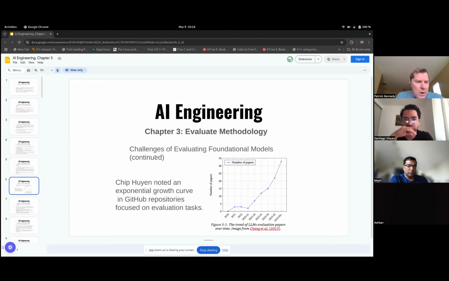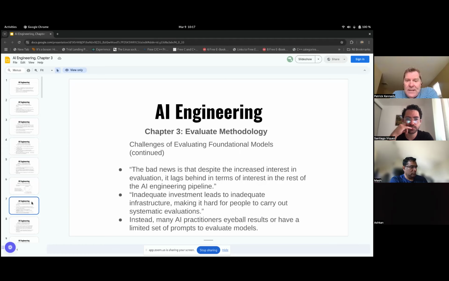So now we're up to the sixth slide, and the challenges of evaluating foundational models. Chip Huyen, the author of the book, noted an exponential curve in the GitHub repositories focused on evaluation tasks. However, even though there's increased interest, all the other areas of the AI pipeline are much more popular.